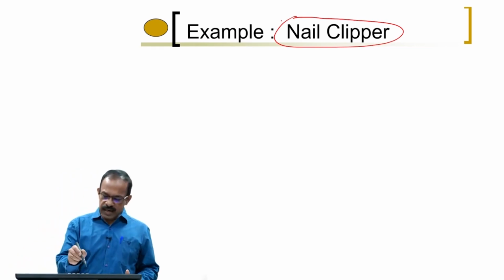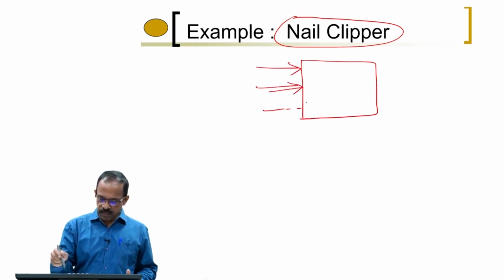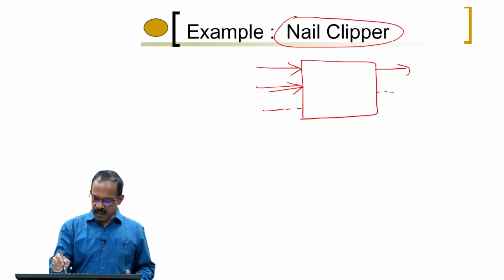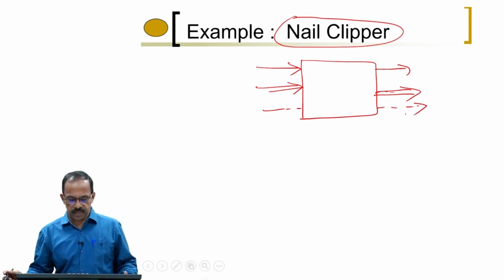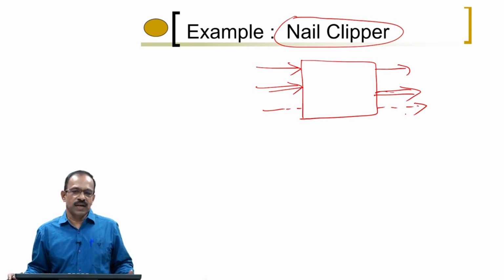If you take this nail clipper, we will be able to identify the function and the flows: the energy, material and information. Here it is a manual nail clipper, so there is no external energy other than the human force, the hand force.